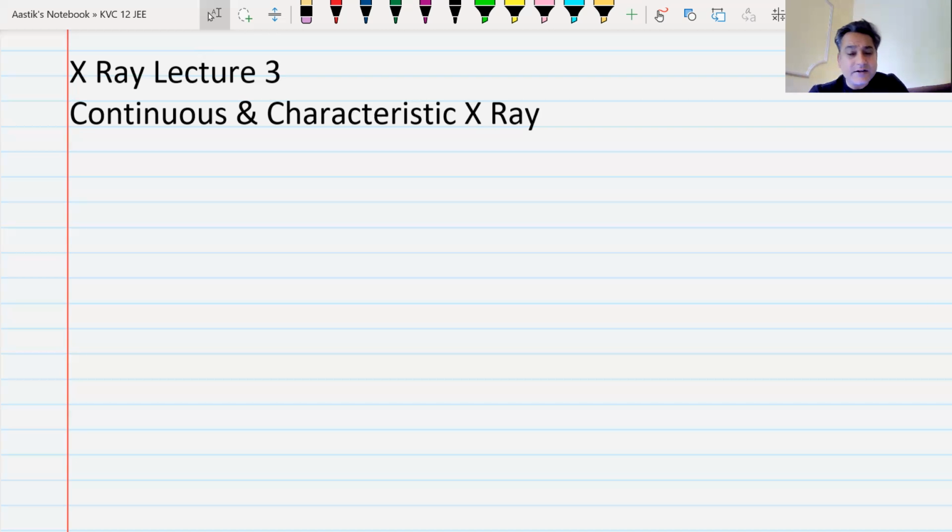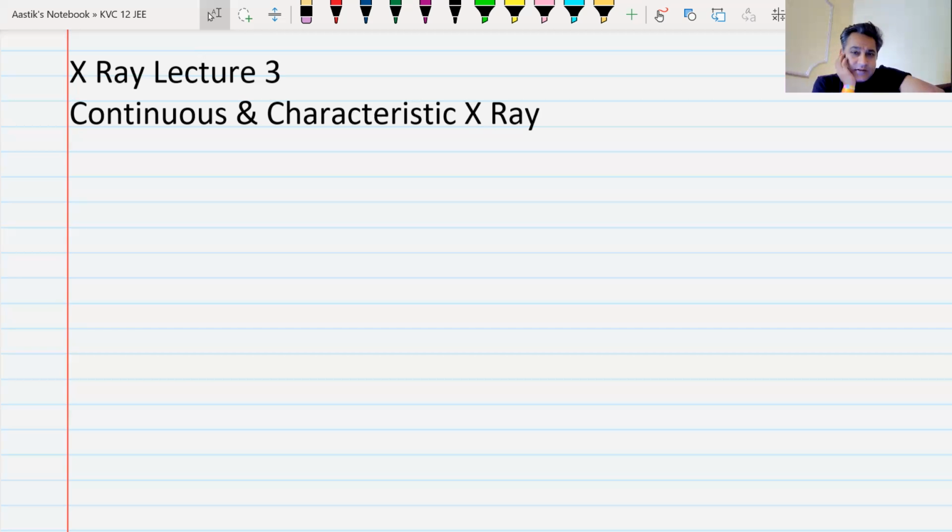Soft X-rays have less penetrating power. Hard X-rays more penetrating power. Anything else? Any other type of X-rays? Frequencies. Hard X-rays have more frequency. Okay, hard and soft done.